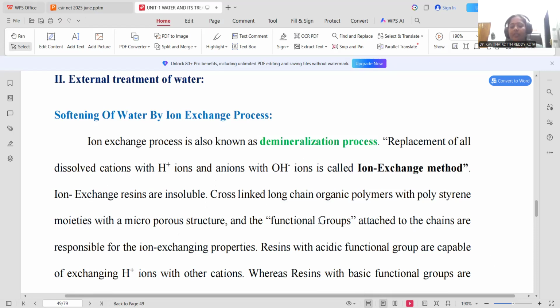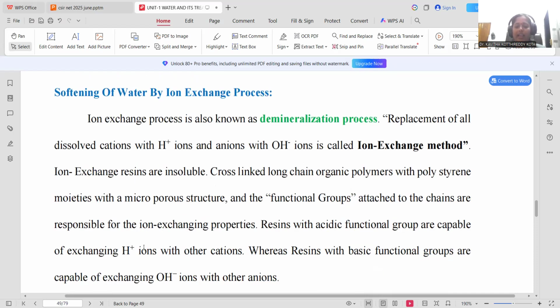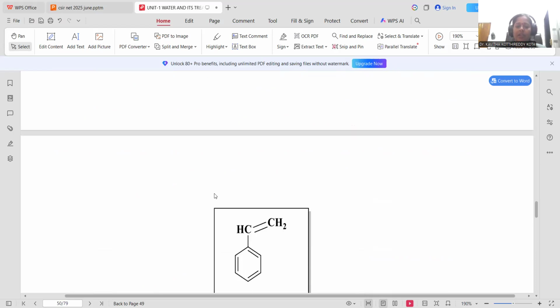Certain functional groups are located upon these polymeric chains so that they exchange the ions. Resins with acidic functional groups are capable of exchanging all cations with H plus, and resins with basic functional groups are capable of exchanging anions with OH minus ions. This is the way softening of water by the ion exchange process takes place.